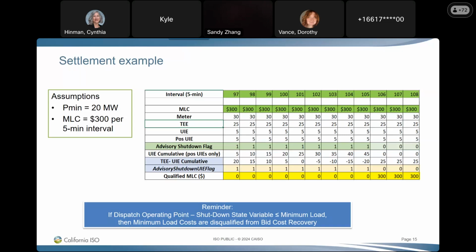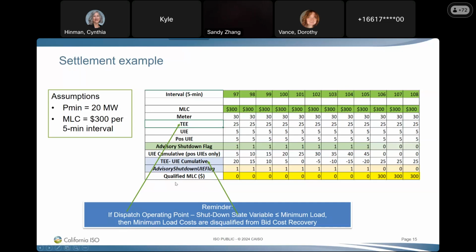So what we're saying is, when we're looking at the dispatch operating point, at 25 megawatts, we're comparing it to this TEE cumulative. We can see that for this resource, the shutdown state variable is less than or equal to 20 megawatts. And as it states on the bottom, then minimum load costs are disqualified from bid cost recovery.